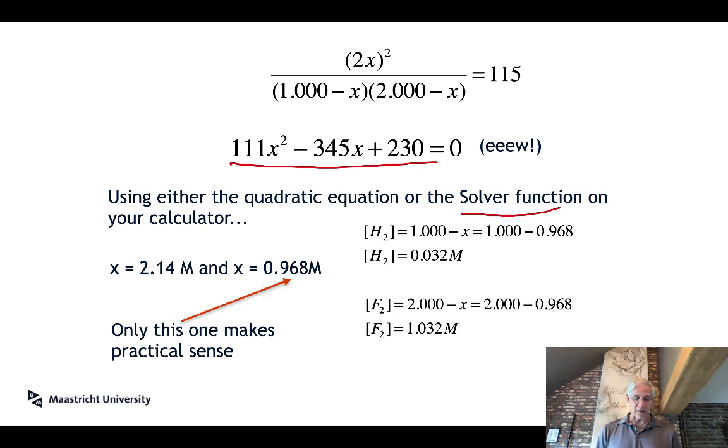For F2, we have 2 minus X. So we have 2 minus 0.968, so we have 1.032 at equilibrium. And then for our HF, it's 2 times X. So 2 times 0.968, and we get a value of 1.936. So that's kind of the basics of how to do ICE boxes, equilibrium constant calculations.